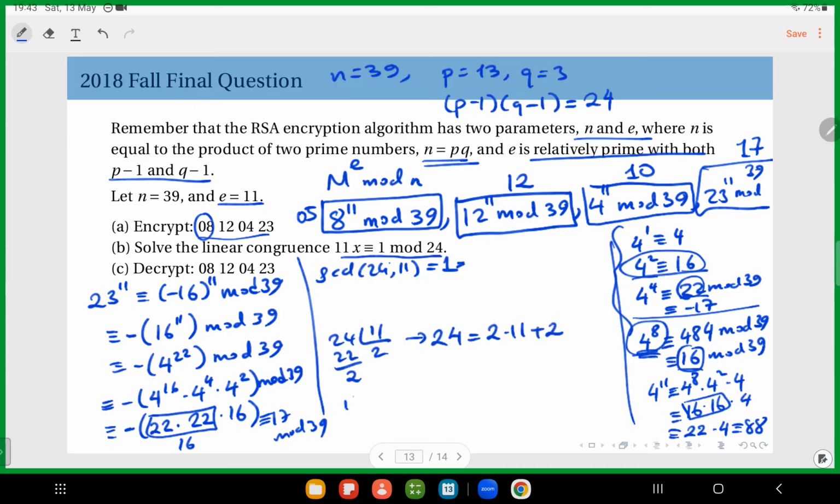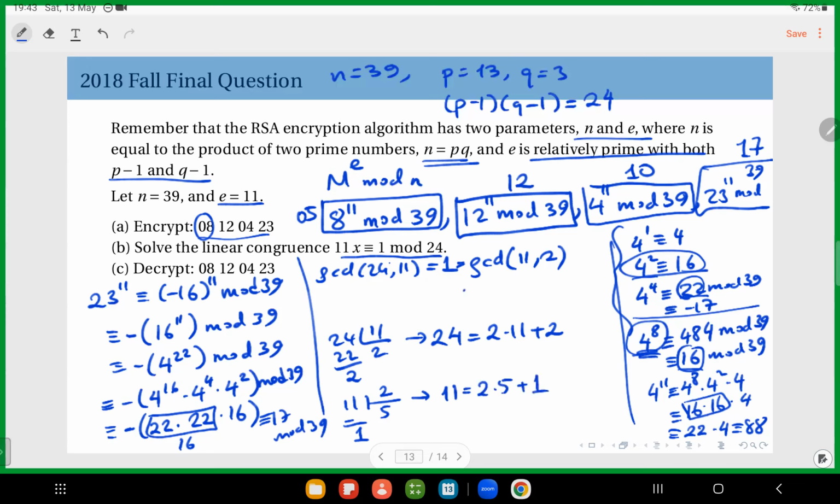And this will mean GCD of 24 and 11 is equal to GCD of 11 and the remainder 2. And then divide 11 by 2, you get a remainder of 1. So I can write 11 as 2 times 5 plus 1.